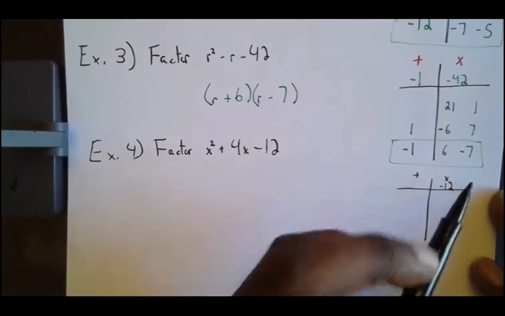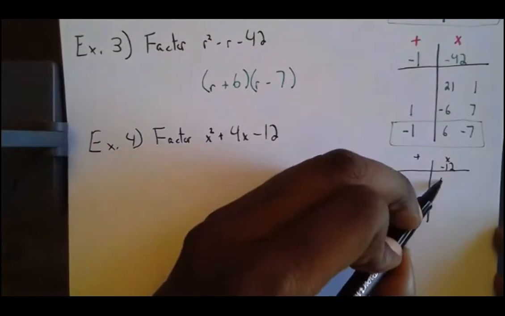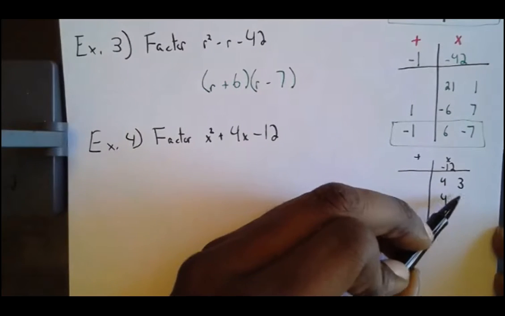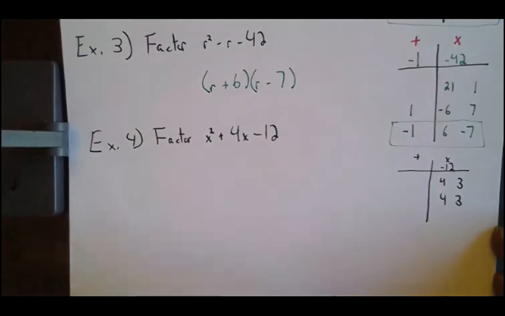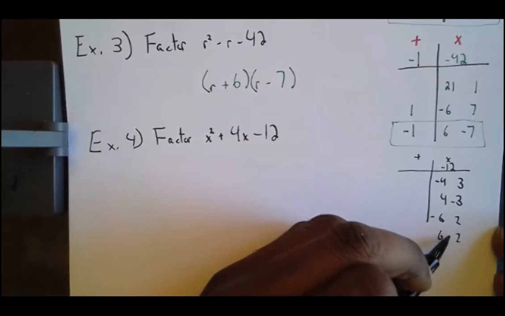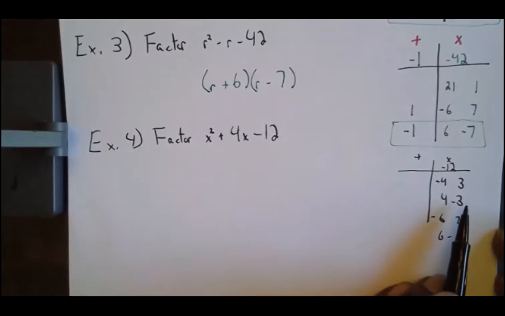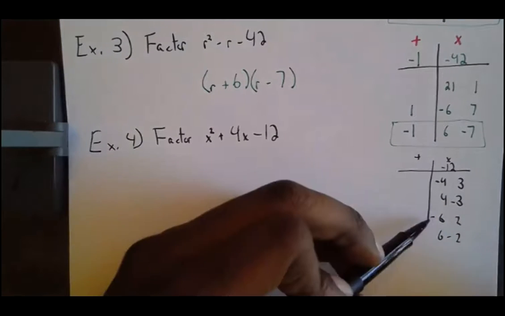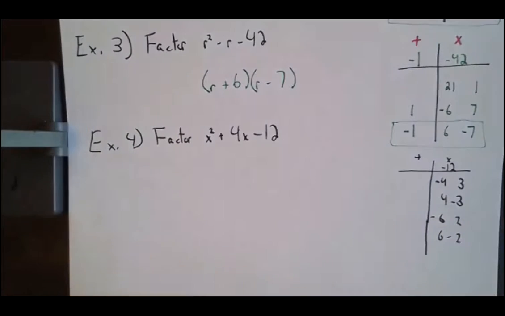Now remember, when it's negative, you know that 4 times 3 is 12, but write it twice so that one can be negative. You know that 6 times 2 is 12. Write it twice. Make one number negative, then make the other number negative. So you have a lot of options here.